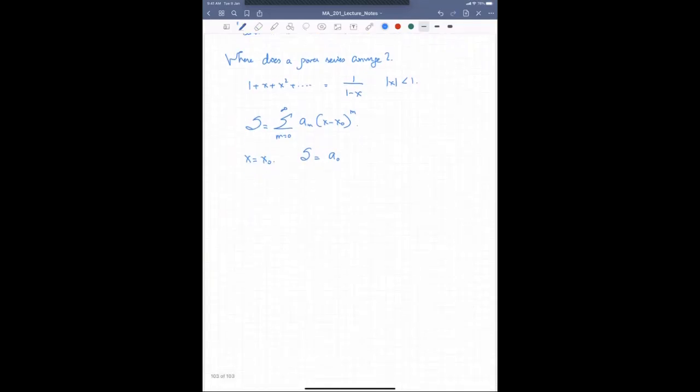So it might happen that in some series, this is the only value of x for which this converges, but there could also be a range of x values for which the series converges.